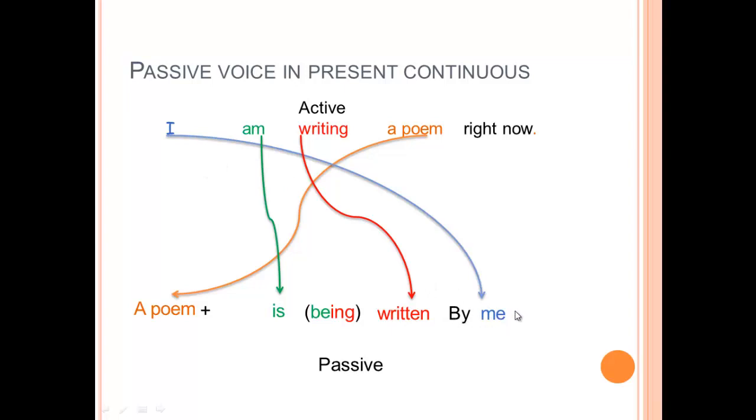By me, of course. But you can notice now that the subject I after by would be changed from subject pronoun into object pronoun. I'm sure that you remember those, but if you don't, go back to your booklet at page 4 and study it again. So I am writing a poem right now would be like a poem is being written by me right now.